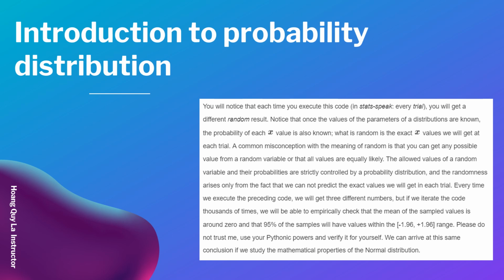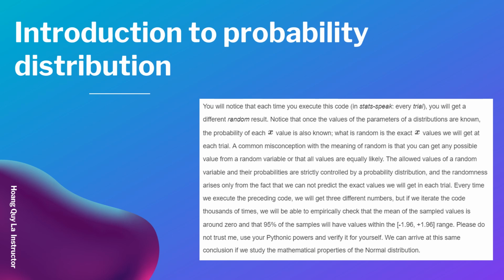random results. Notice that once the values of the parameters of a distribution are known, the probability of x values is also known. What is random is the exact x value you will get at each trial.